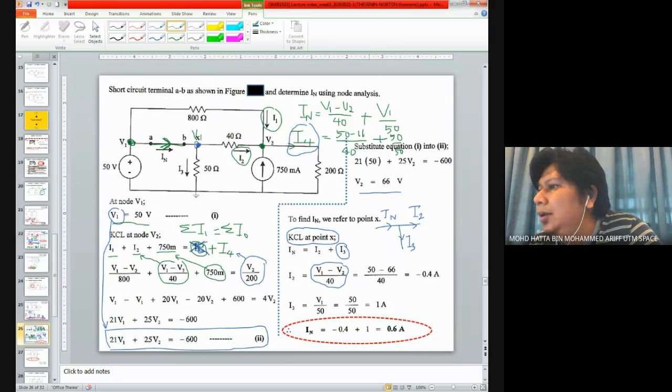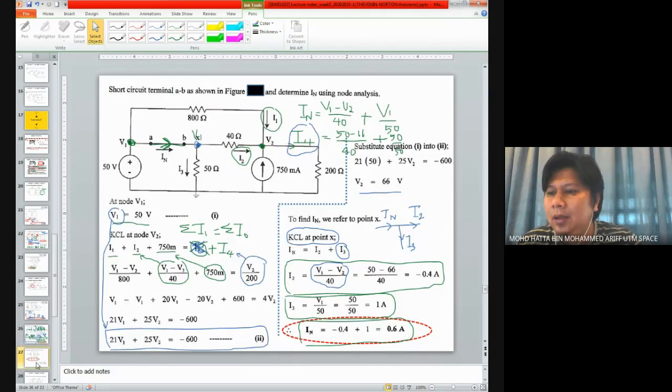So this is 1, and you will end up with all these equations. Please have a look, this is for I2. The answer is already written down here, so it's easy. For I3 it is 50 divided by 50, and at the end you will get IN equals 0.6 ampere.